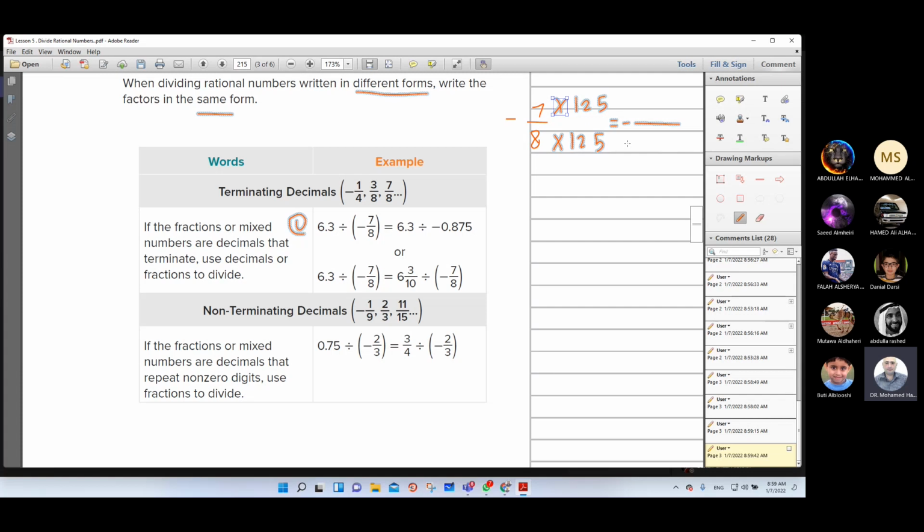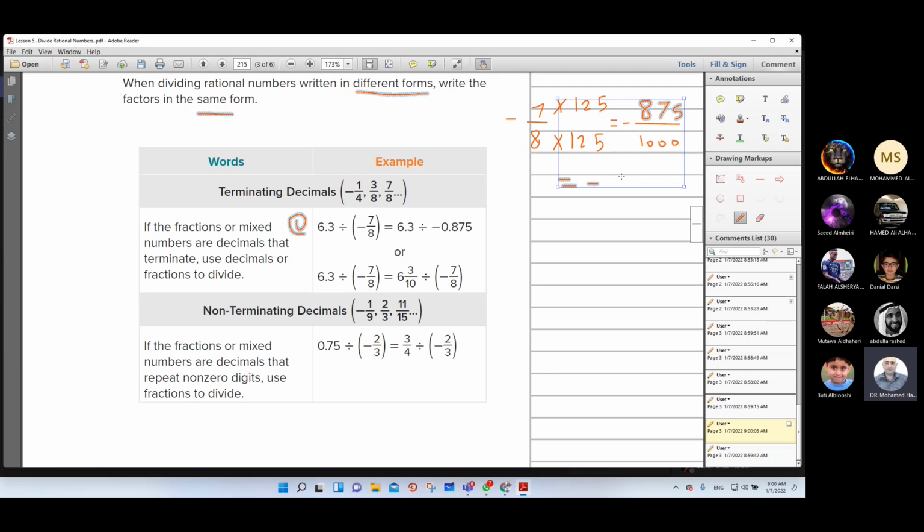And 7 times 125, 875. Then you can write this fraction as a decimal.